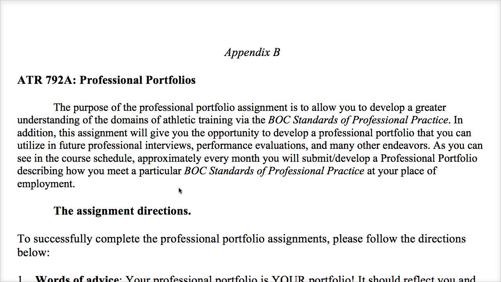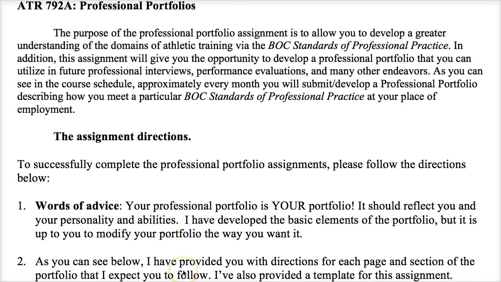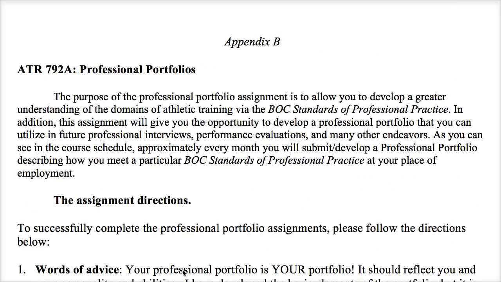You'll see the descriptions of this assignment in Appendix B, but I'm going to go back and forth between the PE example and the template. For our first rough draft, you're going to write your introduction and the summary section.